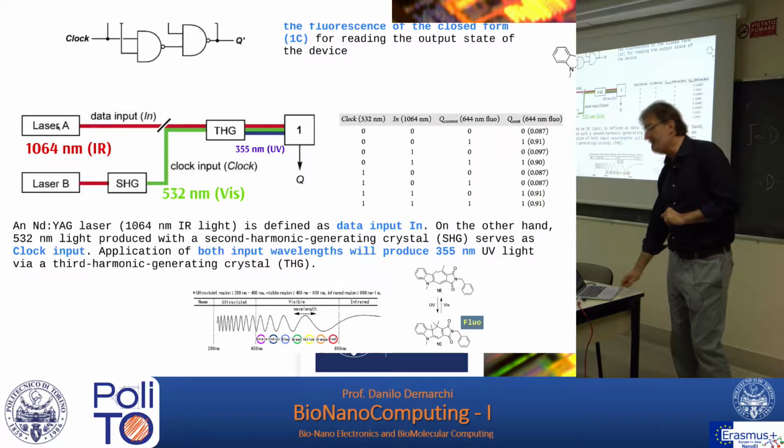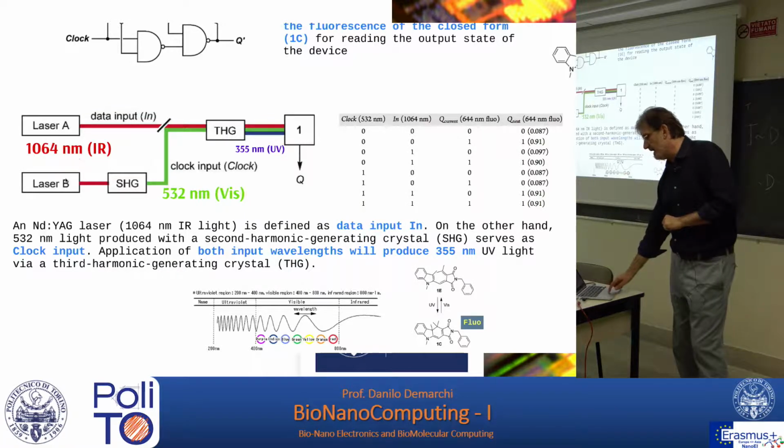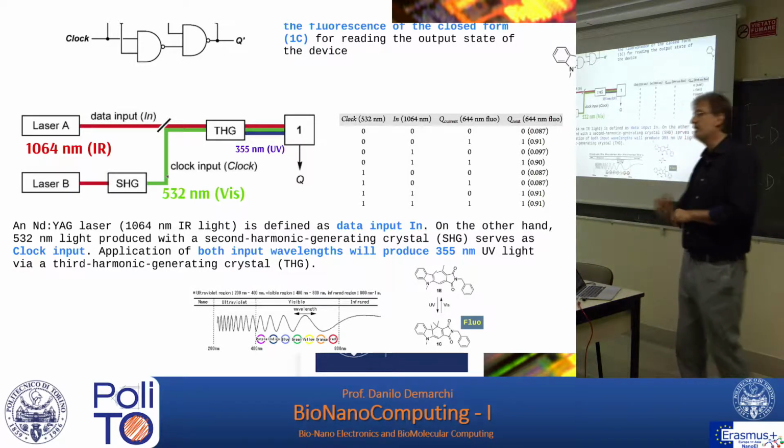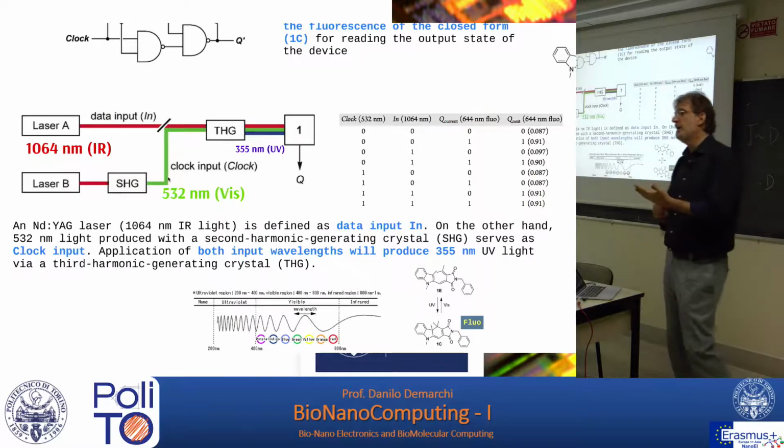I can take an infrared laser, which is my data input. Then I take another laser, again infrared, but I add a second harmonic generator that extracts from the infrared light 532 nanometer visible light. And this visible light is the clock of my flip-flop. Let's see what happens.